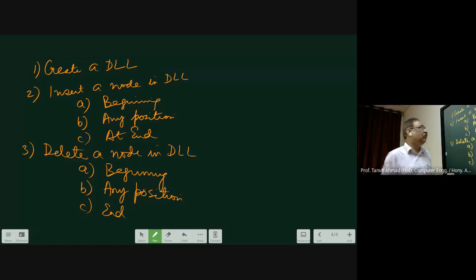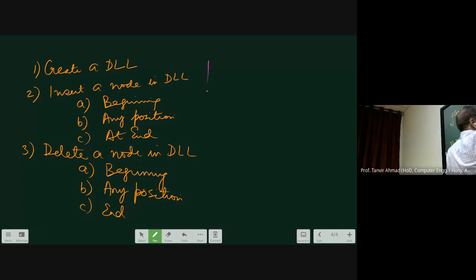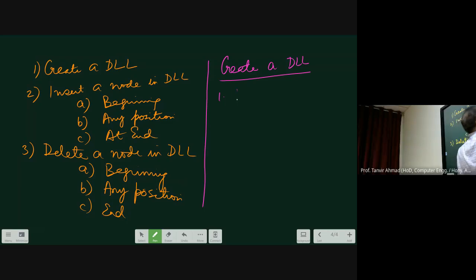Now, create you already know. For creation, you can write like this. For create, bring one node from avail and call it temp.